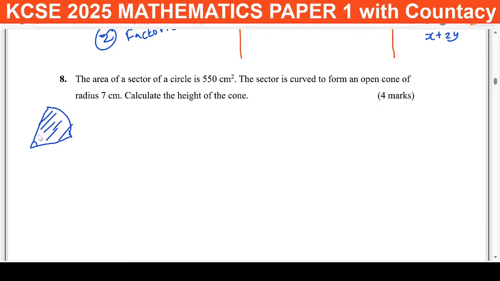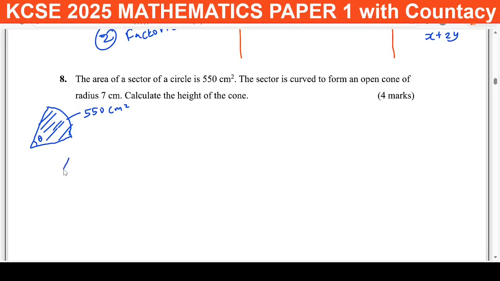We are told that this one is equivalent to 550 centimeters squared. This is just an illustration. And then we are told that this one is folded to form an open cone.